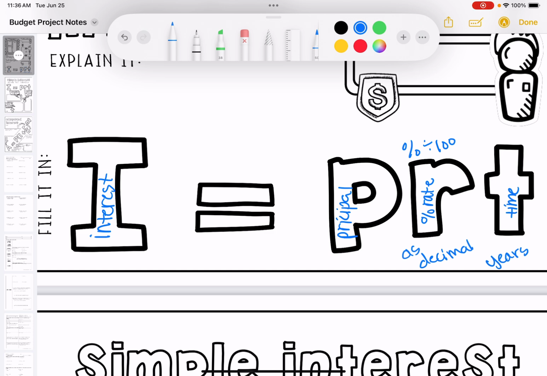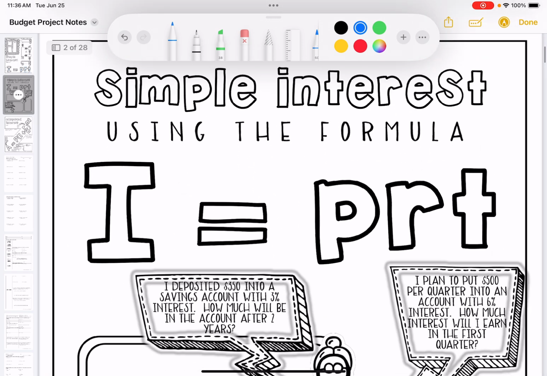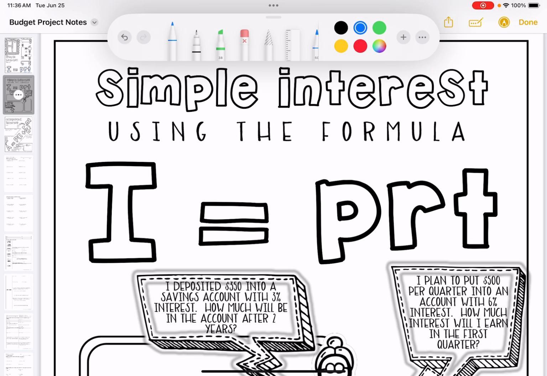All right, so that's the formula. And then on the back, so on page 2, we're actually going to look at some examples. All right. So they have the formula there again, so I'm going to label it again.